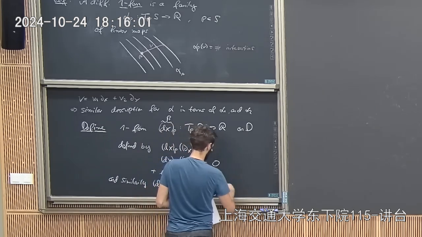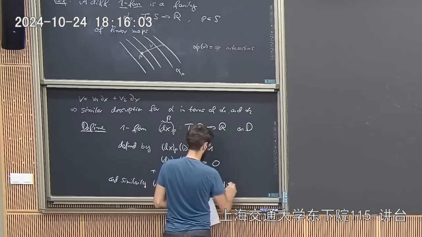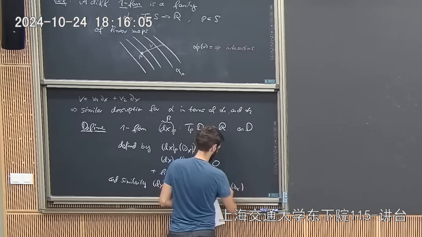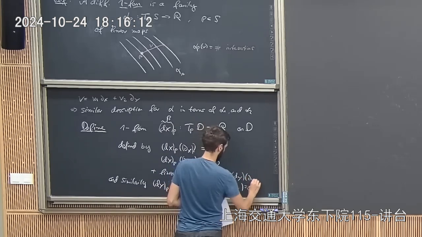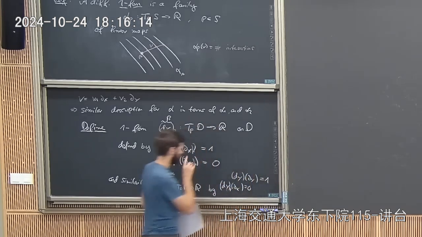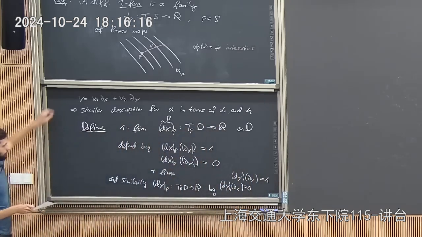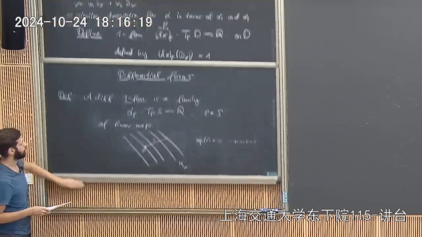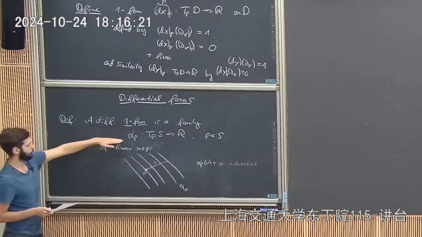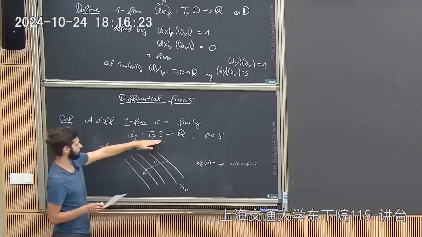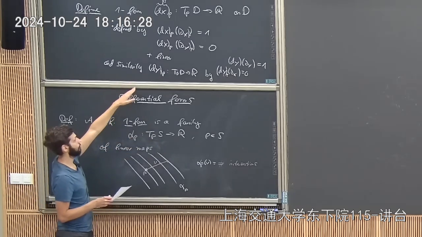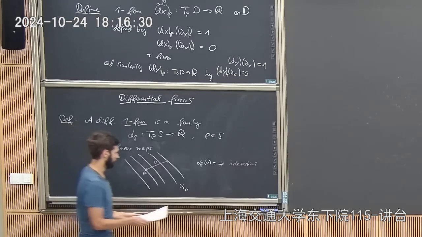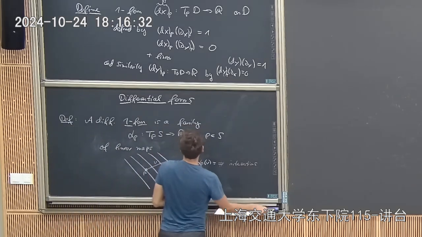So dy on dx is 0 and dy on dy is 1. That's exactly of that form: it's a map that eats tangent vectors, it's linear by definition, and has certain values on the characteristic vectors.